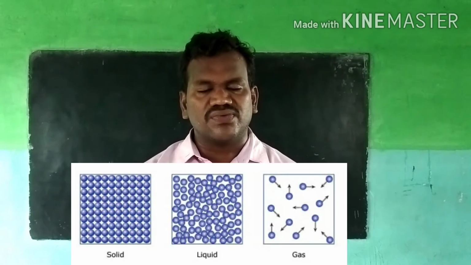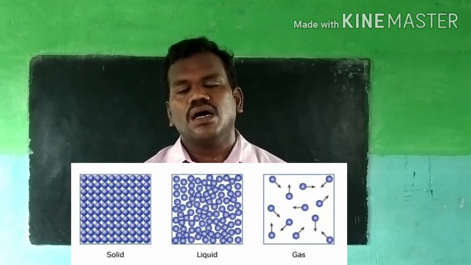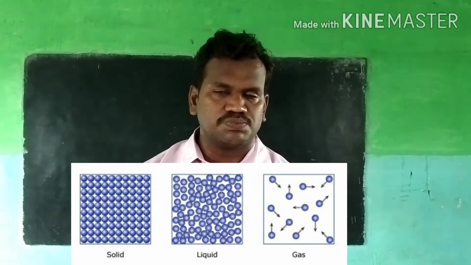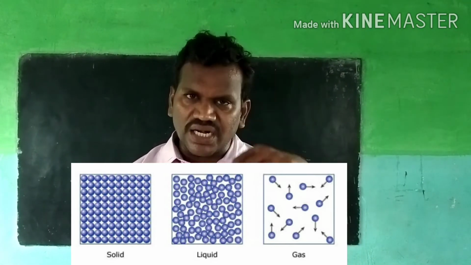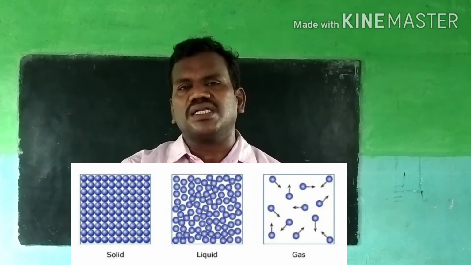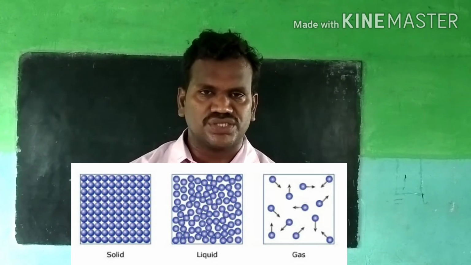The distance between the particles of a given solid or liquid or gas is called interparticle space. Salt, what we added, is mixed in between the particles of the water. So the volume is not changed.